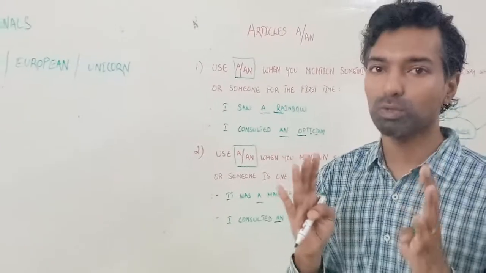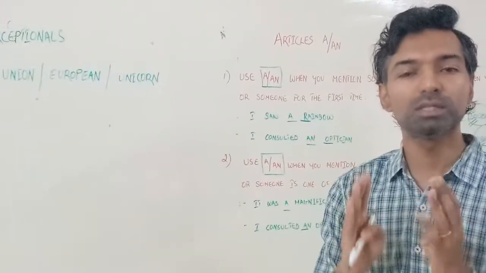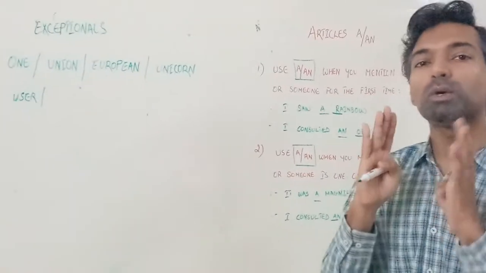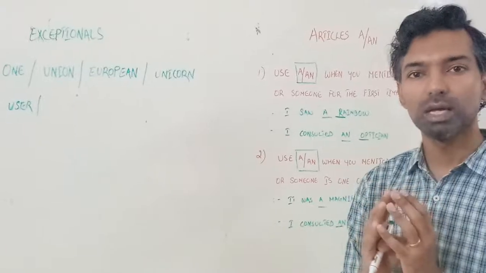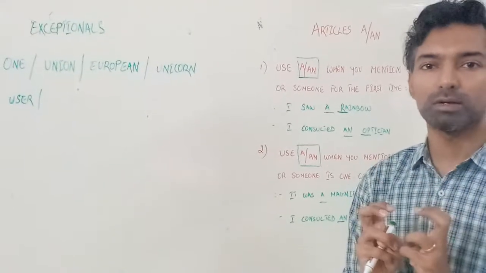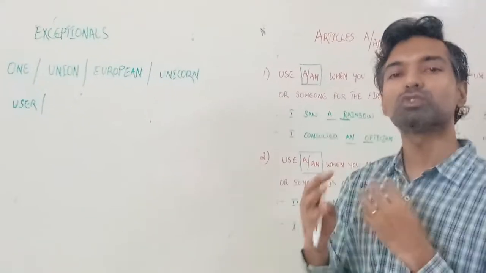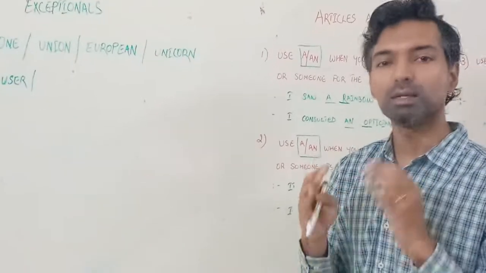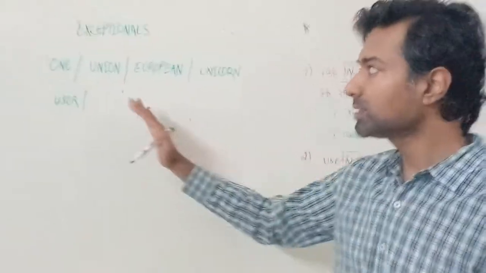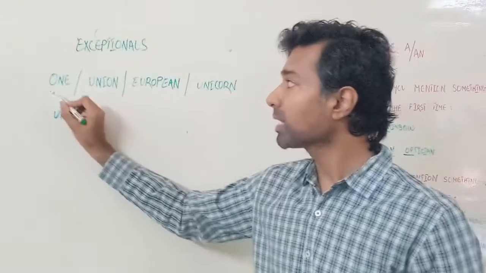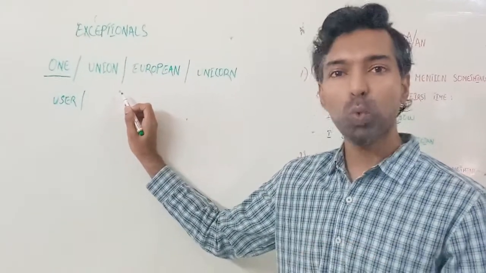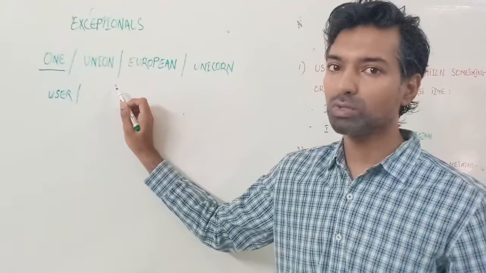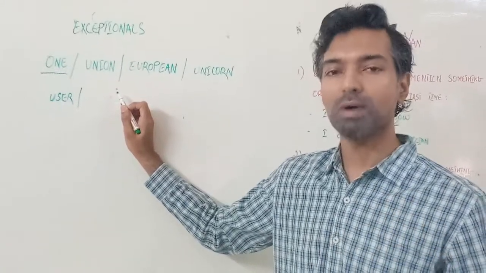The vowels have to sound in a certain specific manner so that we can associate those words with an. So these are certain exceptions, like one, that doesn't belong to the sound of the vowels.